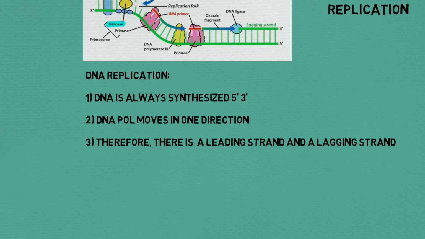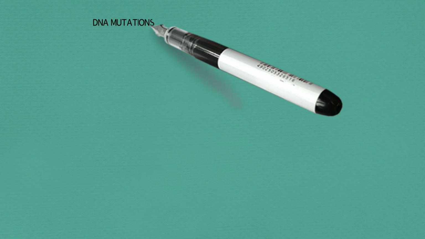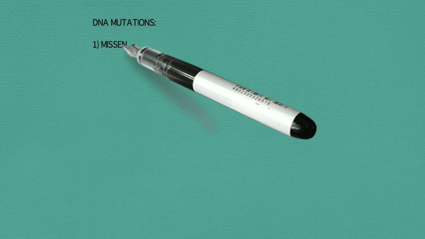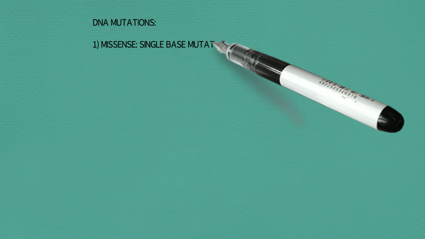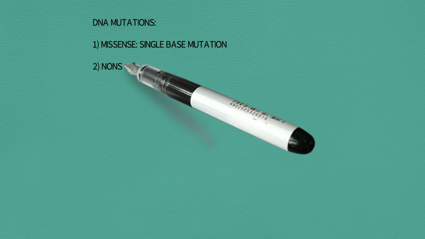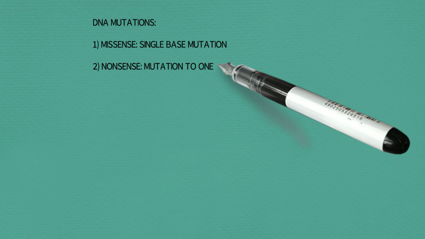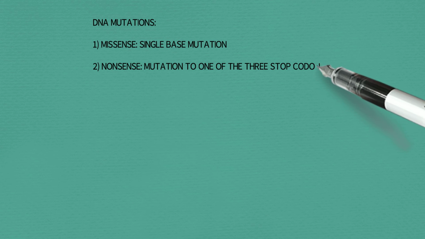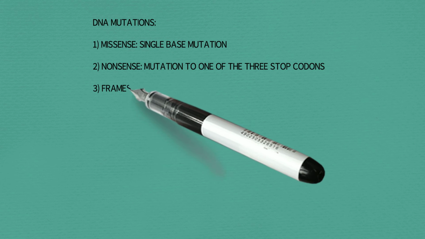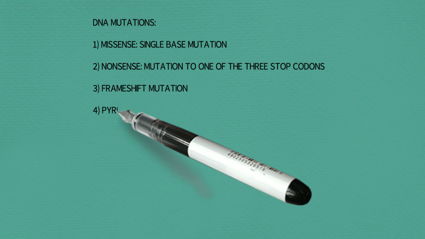Now, the DNA replication has to be faithful because we want to prevent mutations from happening to the gene. And there are 4 different types of mutations that may or may not create problems. So the first one is missense mutation, where there's a single base that has been changed, and it may or may not translate to a difference in the protein produced.